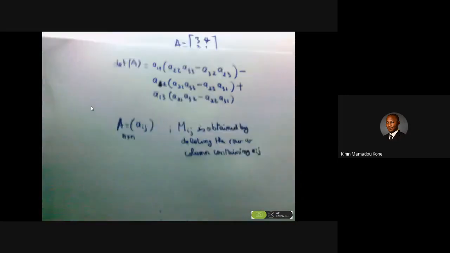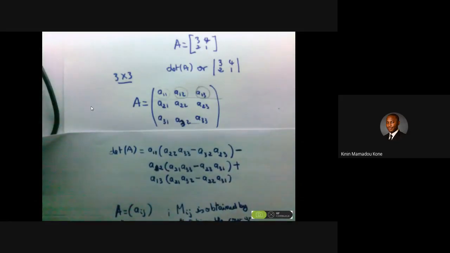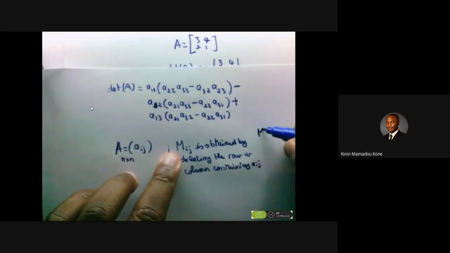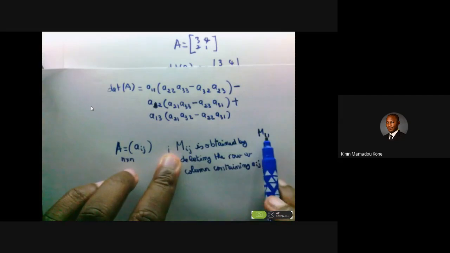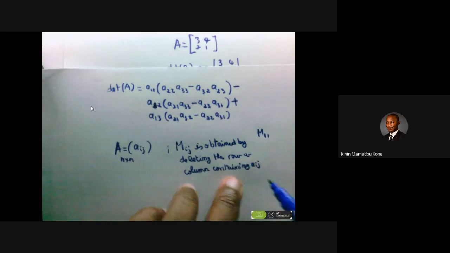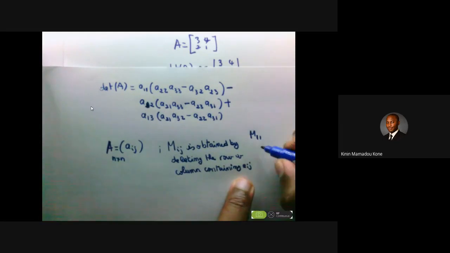Okay, so coming back to this example, the minor M sub ij. Let's assume that I'm looking for M sub 11. It's a matrix obtained by deleting the row and the column containing the entry A11. So let's look for A11.